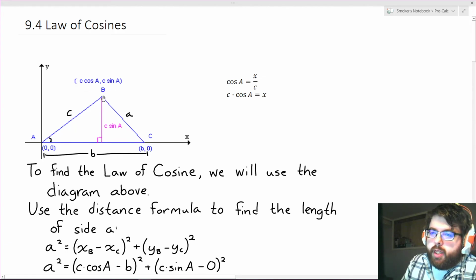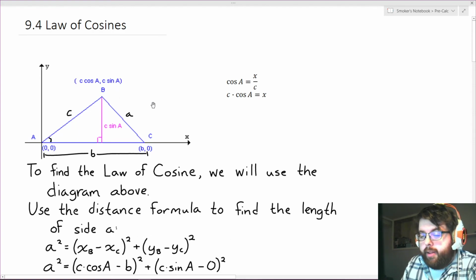We can use the distance formula on any two of these points to find the distance of any of the other sides. So if I want to write the length of a in terms of side c, I can do that. The distance formula is actually kind of like the Pythagorean theorem. It is the Pythagorean theorem.